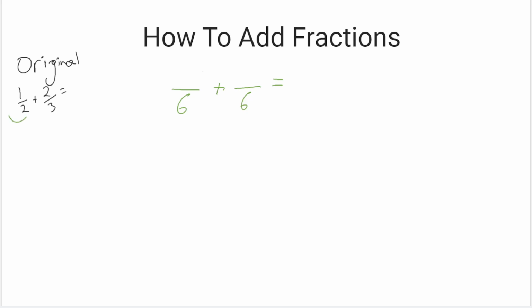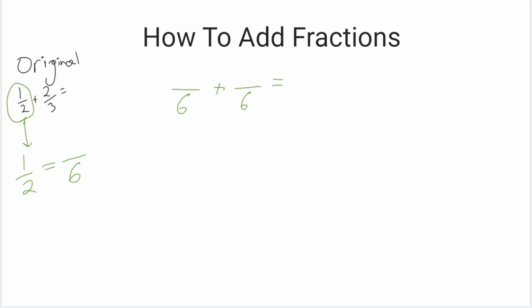So let's focus on this 1/2, and let's bring it down here. And I know that 1/2, when I change it to a denominator of 6, I need to find the top number that is equivalent, or what over 6 would give me the same thing as saying 1/2.